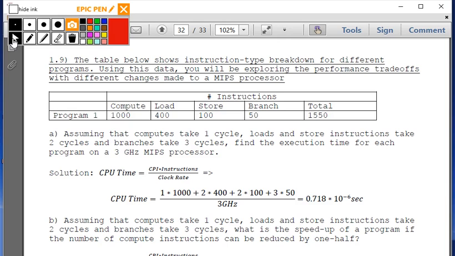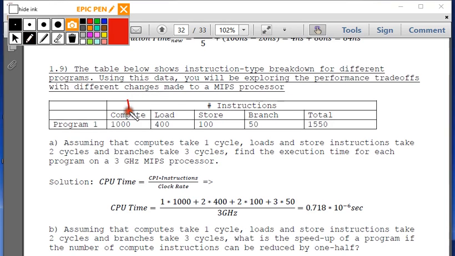Assuming that computes take 1 cycle, loads and stores take 2, branches take 3, find the execution time for each program on a 3 gigahertz processor.